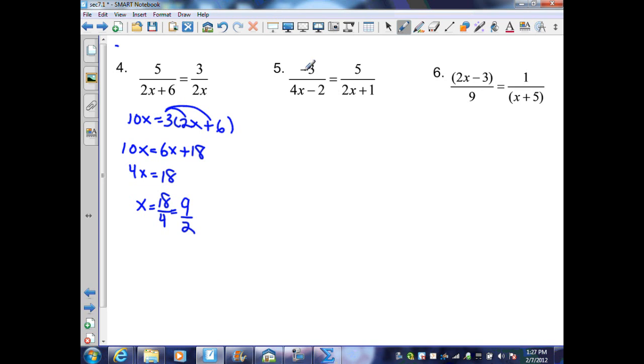Next, I'm going to use my cross product rule. A negative 3 times 2x plus 1 equals 5 times 4x minus 2. Distribute, I'm going to get a negative 6x minus 3 equals 20x minus 10.